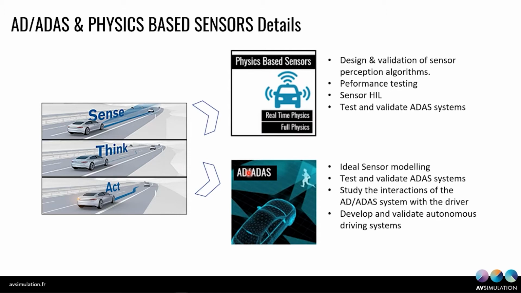On the other hand, the ADAS pack also includes sensors. These ones are what we call functional, so they are more ideal, and they give you data that is already labeled. Basically, you get information like the pedestrian detected with the coordinates, the relative position, speed, etc. Okay.